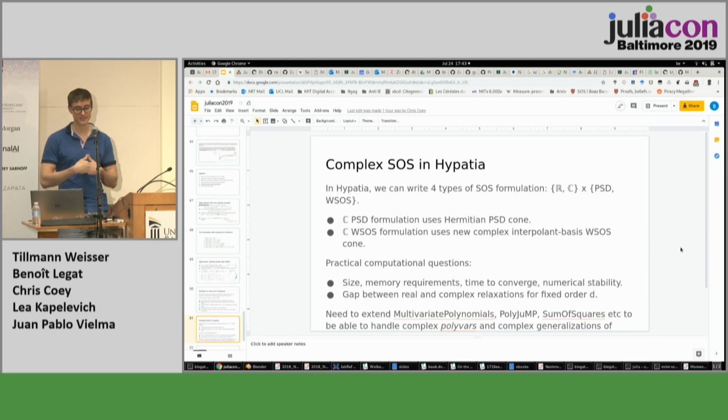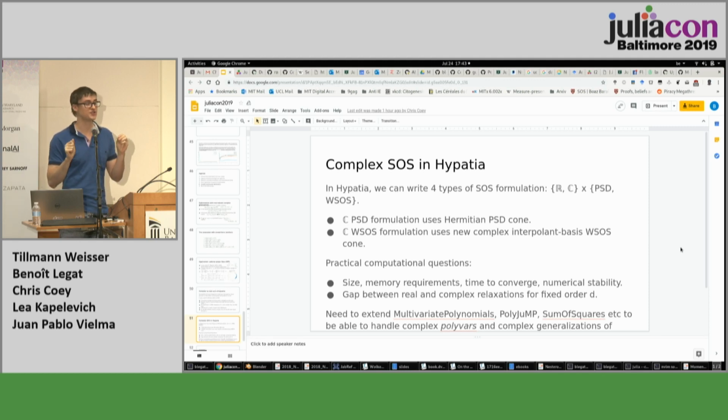Okay. In Hypatia, you have several different ways that you could formulate this type of problem. You could do the identifying real and imaginary, get the real SOS formulation, which we'll say that way of doing things is R. Or you can first do the SOS relaxation and then later go and turn it into real, and that's C. So they're not equivalent.